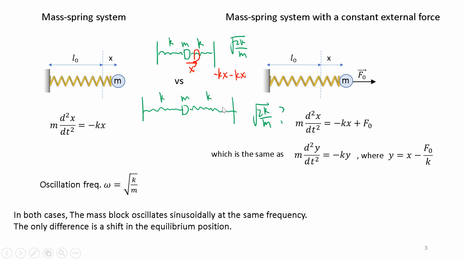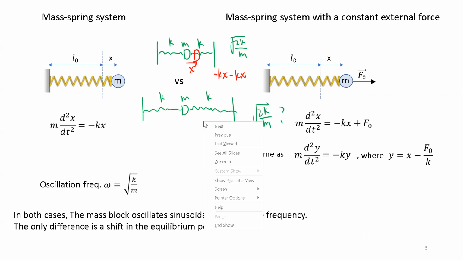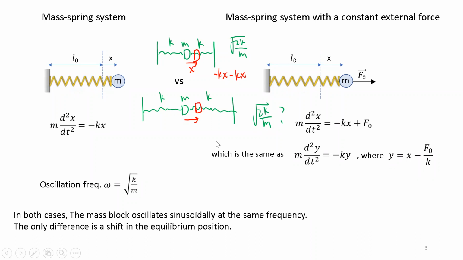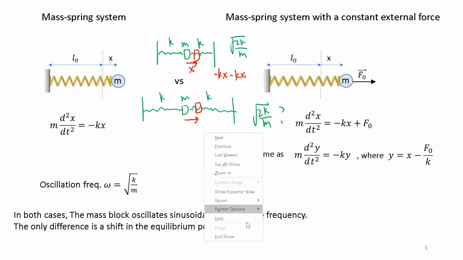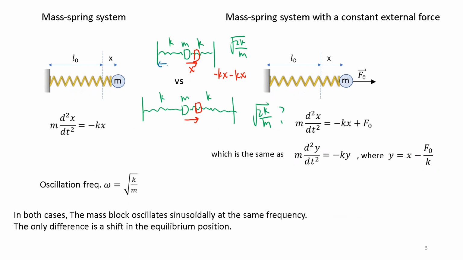But now, in this case, if you displace this mass to one side like this, this time I have this to be L naught, and this one also L naught. But this time this one would be L naught plus epsilon, and this one is also L naught plus epsilon.